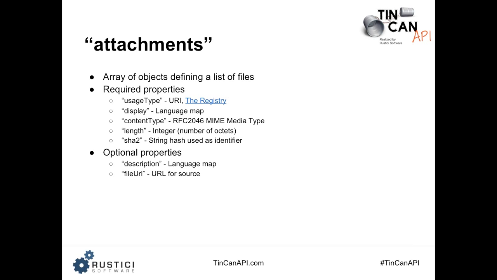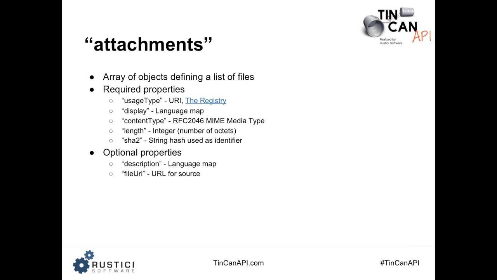And then a SHA-2. A SHA-2 property takes a string that is a hash that's used to identify this particular attachment. So for instance, when receiving statements with attachments back from an LRS, that response will be a multipart response. And in the case of receiving more than one statement, we need a way to uniquely identify all of the attachments so that we can parse the statements and make them match up.